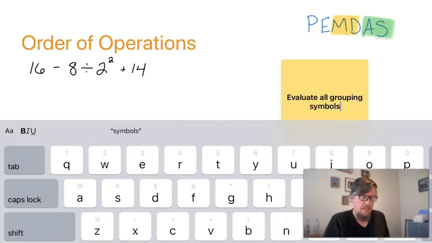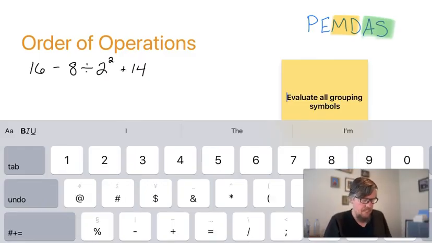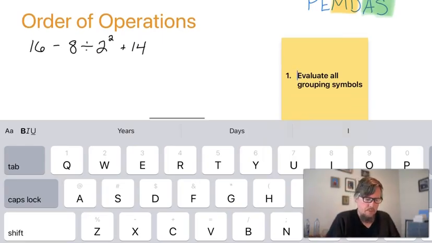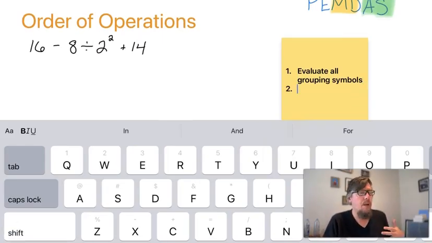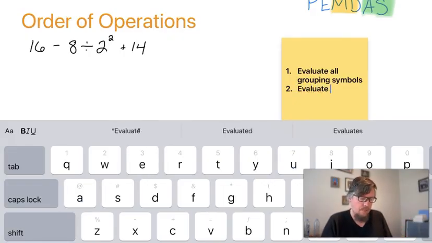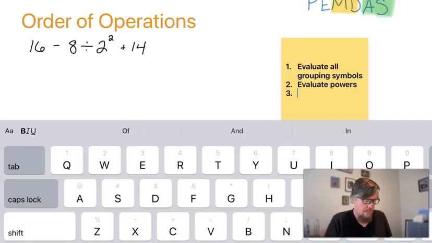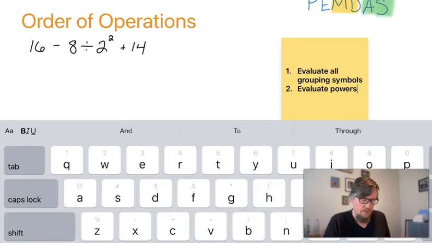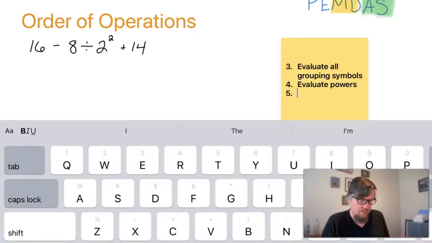And grouping symbols are things like parentheses or brackets, anything that groups them together. Step number two is we're going to do all of our powers or exponents. Okay. Step three is going to be multiplication and division.